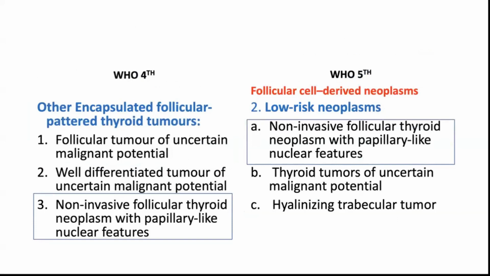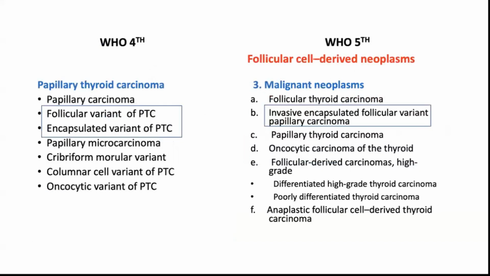The non-invasive follicular thyroid neoplasm with papillary-like nuclear features, which was initially classified as other encapsulated tumors, is now regarded as a low-risk neoplasm because of its non-aggressive features. Also, follicular pattern of PTC and encapsulated variant of PTC were reclassified into malignant neoplasms as invasive encapsulated follicular variant papillary carcinoma.